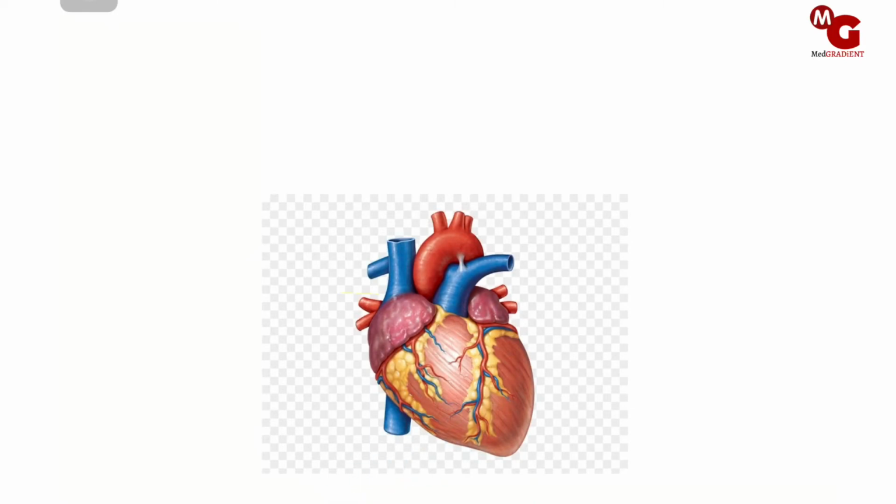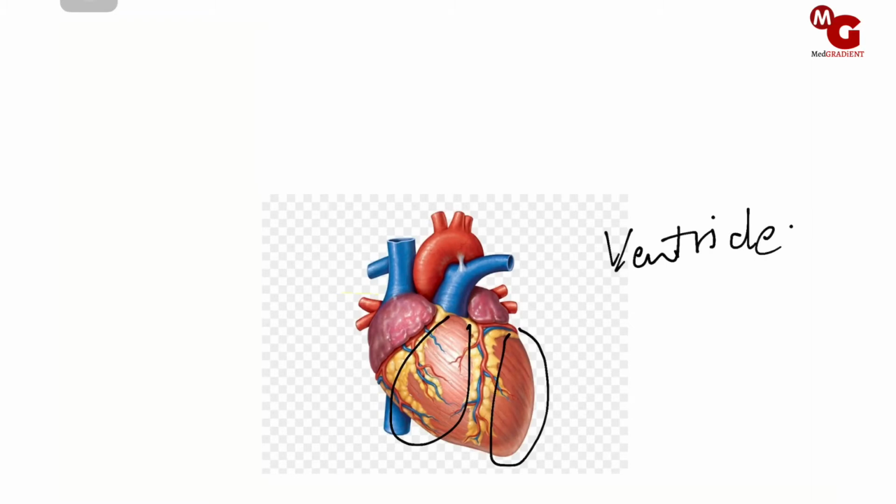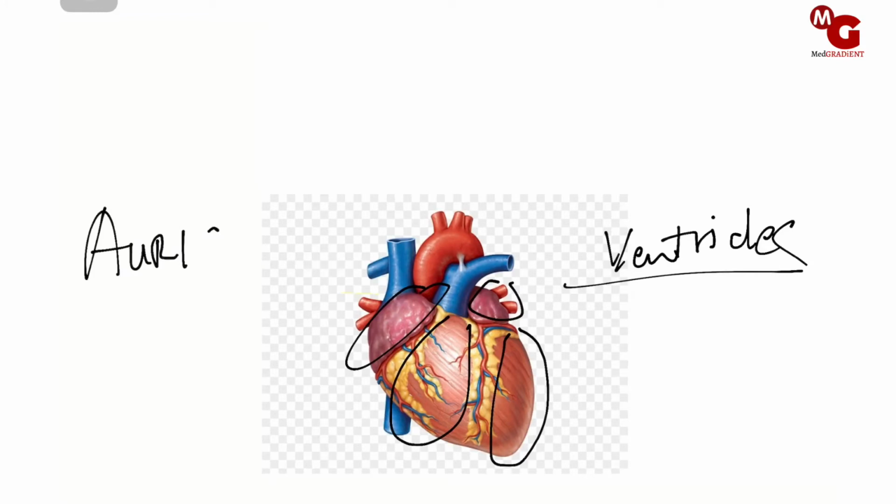Right, see over here, this part and this part, both of them are ventricles, right? Part over here and here, they are our auricles, right? The ventricles and the auricles.